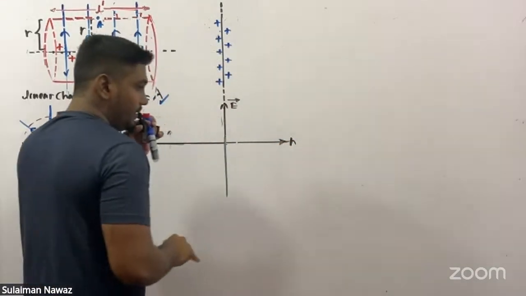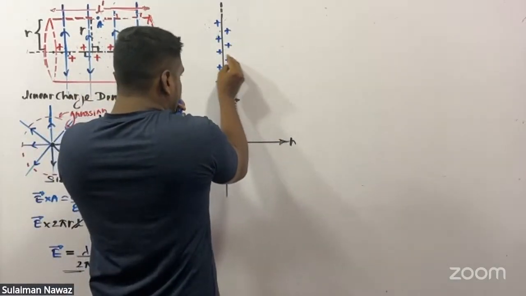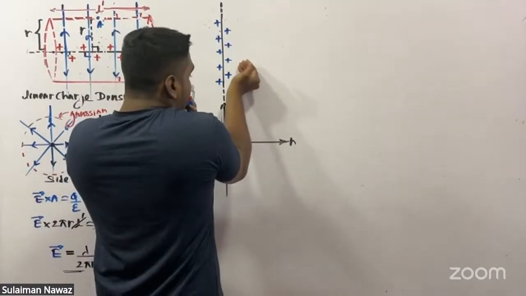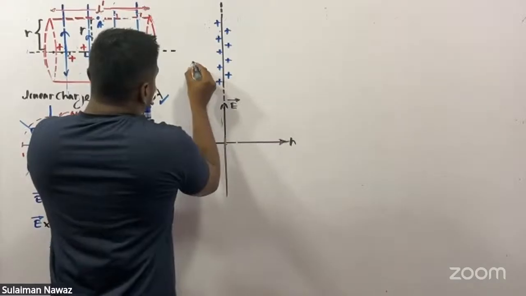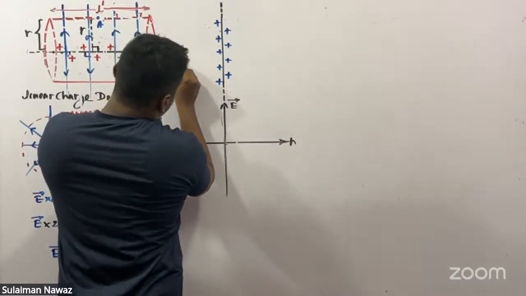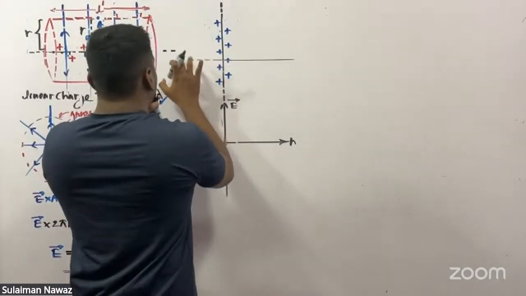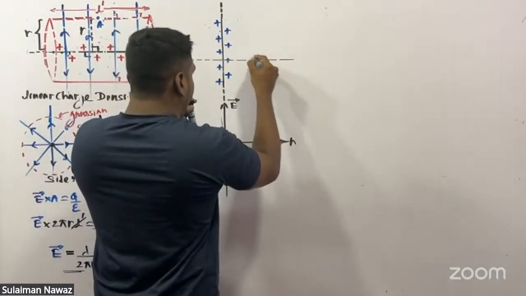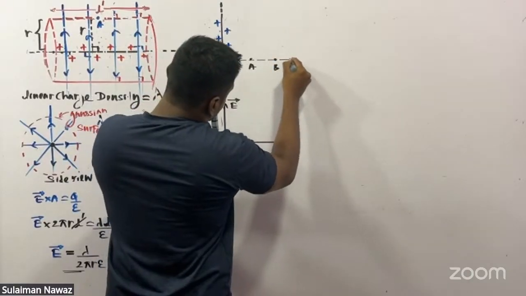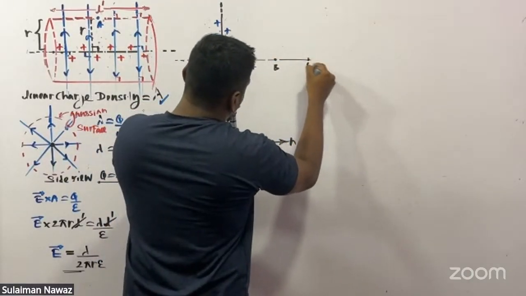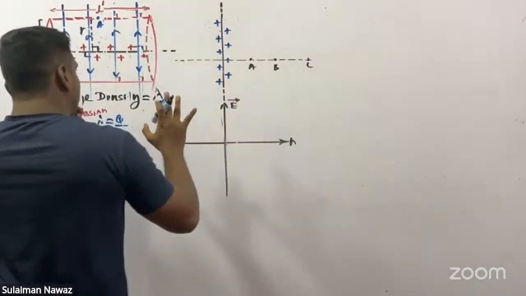Simple r. Now let's consider a distance. Let's consider points which are perpendicular to the wire along this line. Let's call these point A, point B, point C, something for our understanding.